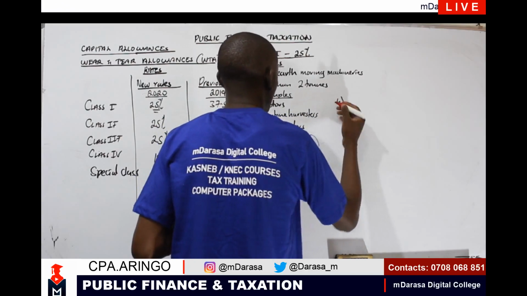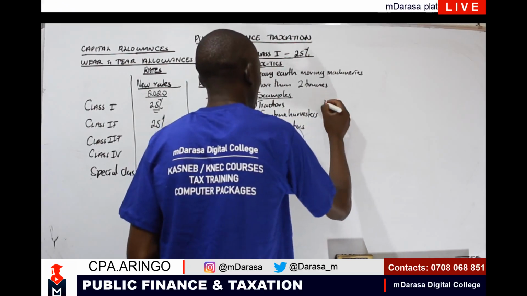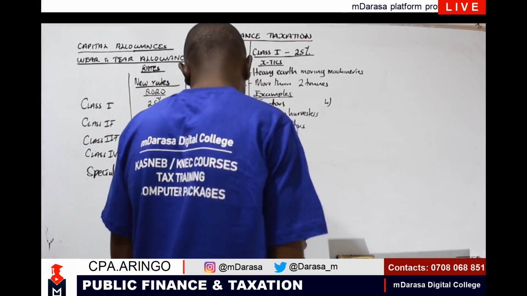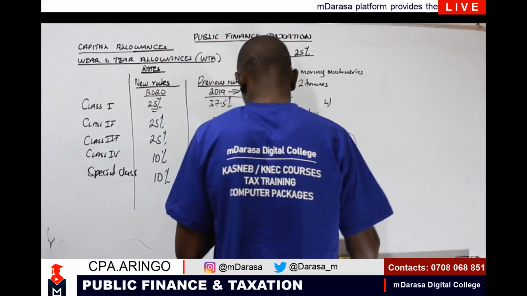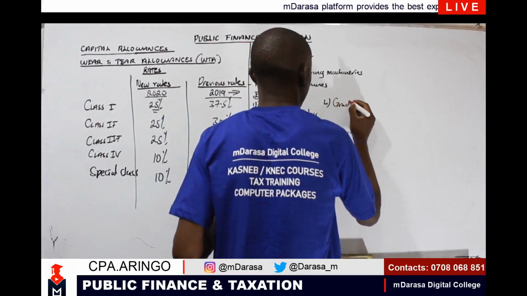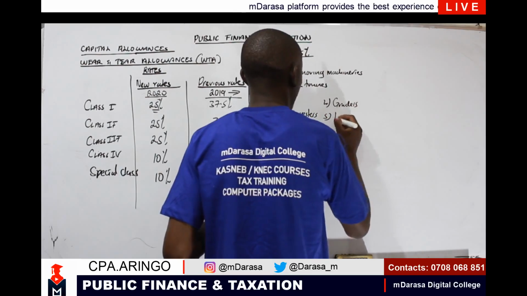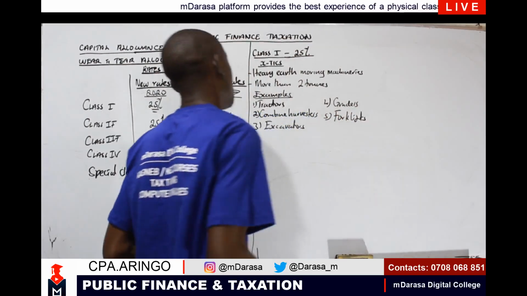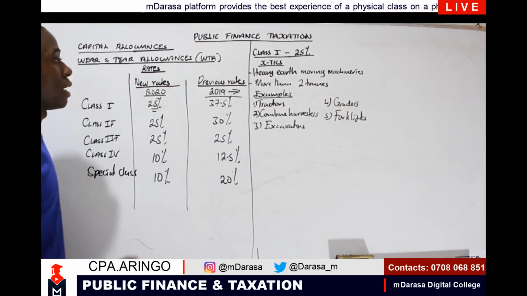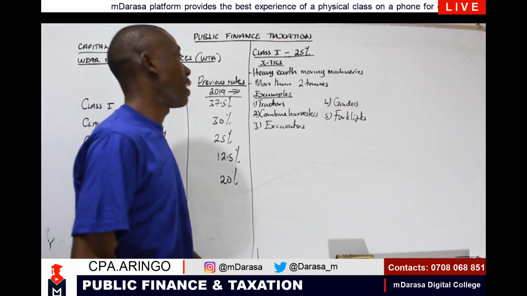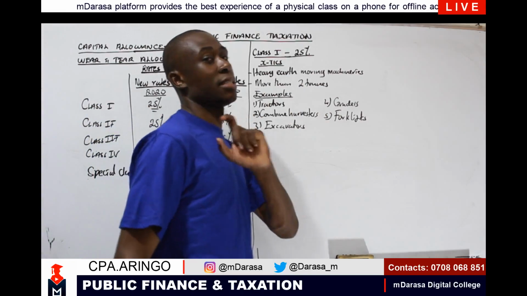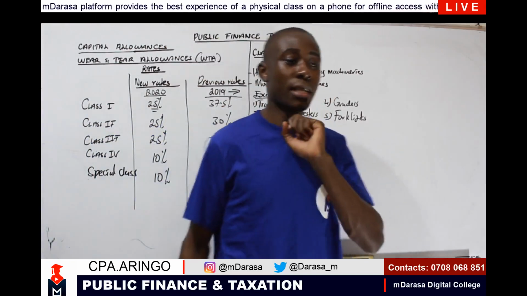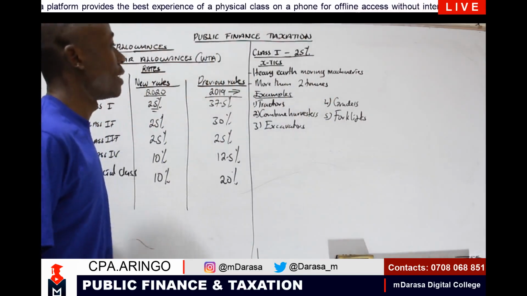Number 4, we have so many, so we're not going to mention all of them, but we can also talk of maybe graders, forklifts, etc. The main element that you should always grasp here is that I'll be looking at the characteristics of this item.